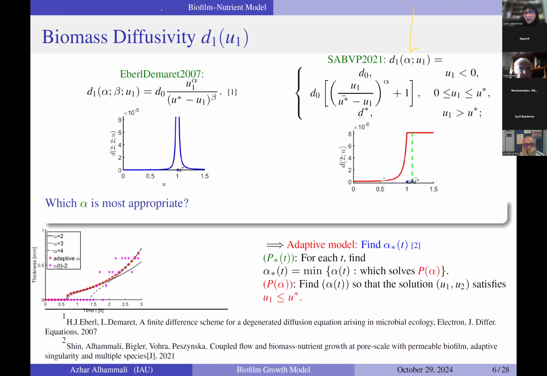This one is singular here, and we can see that from the figure as well. This is proposed by Albert Diemer, so we take it, but we modify it to remove the singularity. So you exclude the region very close to U star. Yeah.